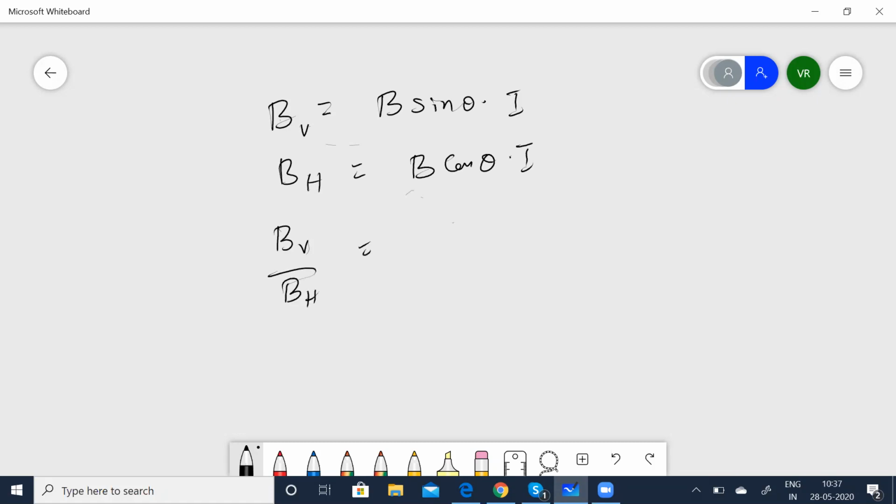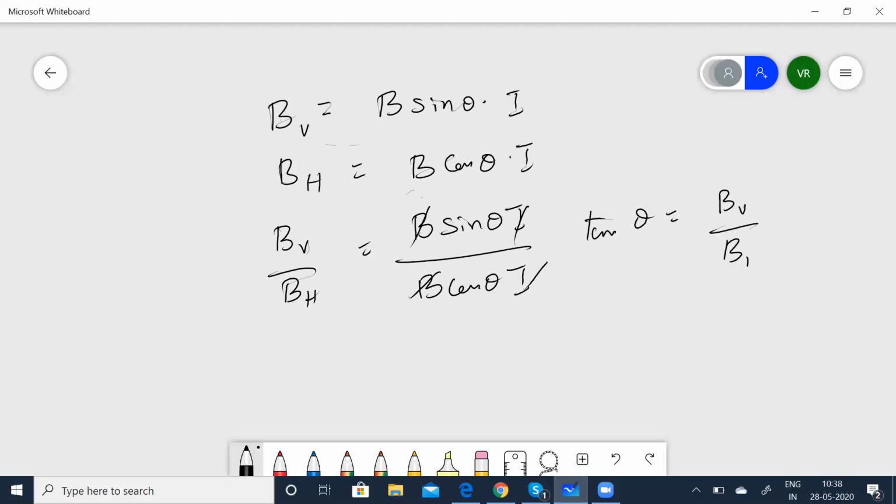The vertical component BV is B sin theta into I. The horizontal component BH is B cos theta into I. So BV by BH is equal to B sin theta into I by B cos theta into I. B gets cancelled, I gets cancelled. So tan theta is equal to BV by BH, right?